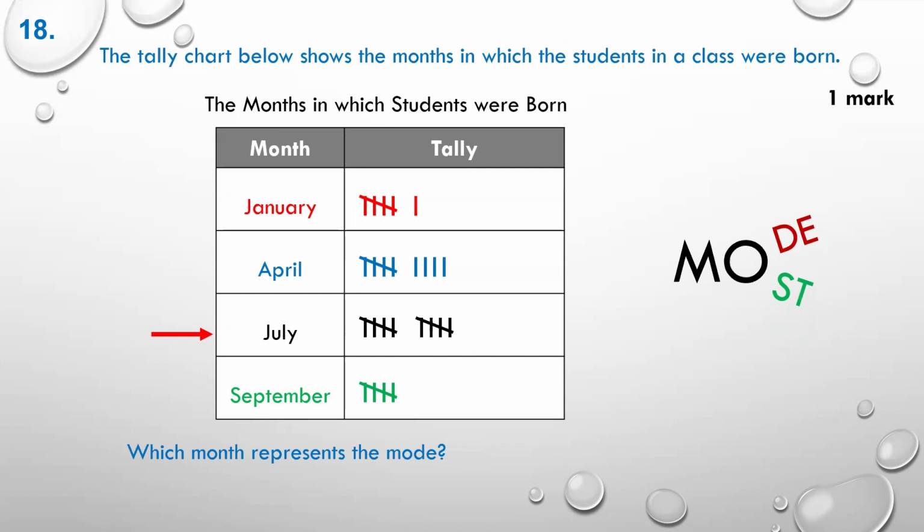July is the most frequent. So students, remember the answer would be July, not the number 10. They're not asking us what number it is, not how many, but when does the most occur? It occurs in the month of July.